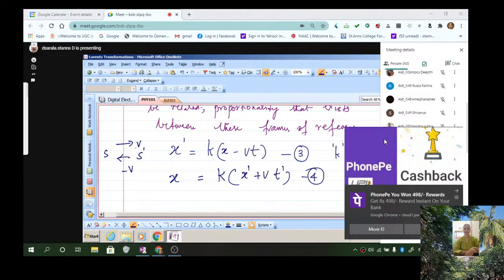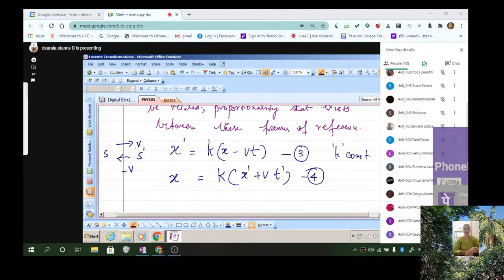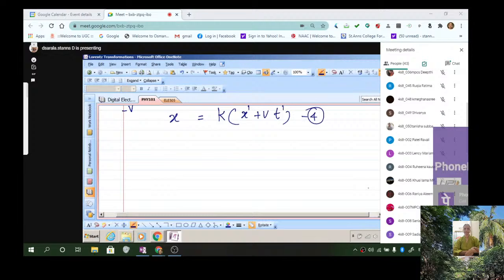So based on this, you will have different measurements. So you have relations 3 and 4 where the constant can be either k or k prime. Both are the same. So whether you represent it with k or k prime, it means the same. And our job next will be to determine the value of this constant.